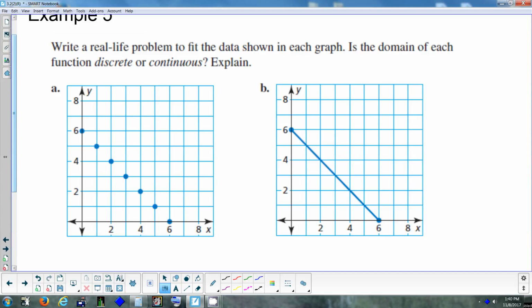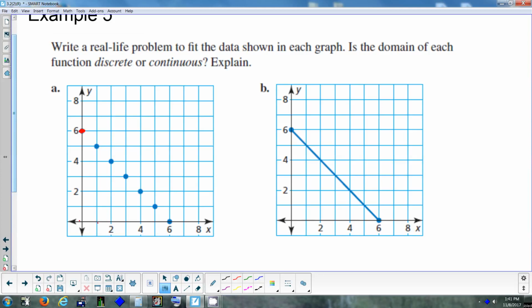How about if I had $6? I only have dollar bills. I don't have anything else. I have 6 $1 bills. If I don't give any away to anybody, how many do I have left? I would have 6. What if I give 1 bill away?